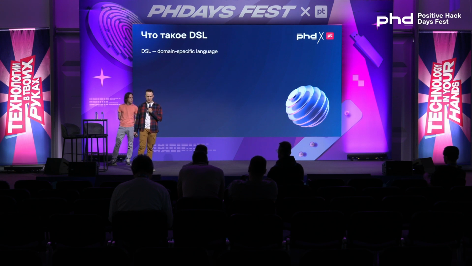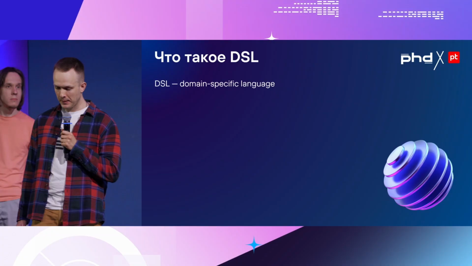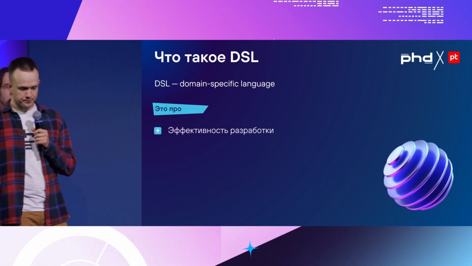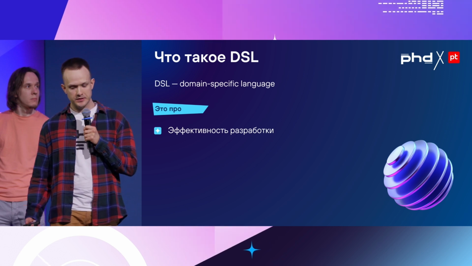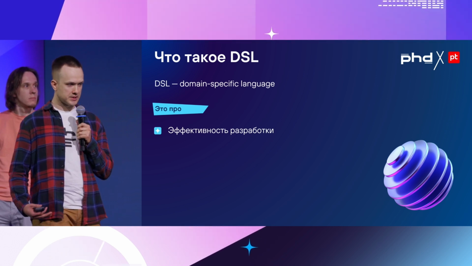What is a DSL? It is a domain-specific language, a language custom to the object that it works with, on a high level of abstraction, in comparison to a general-purpose language.